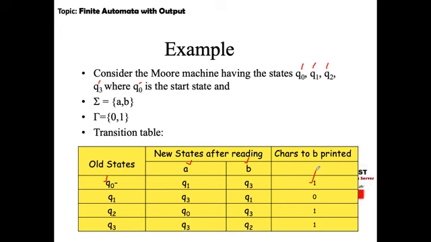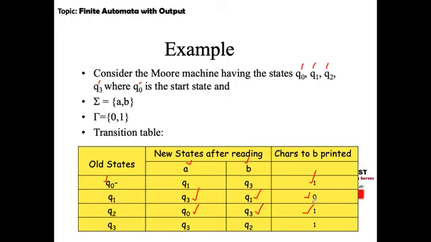We print 1. From Q1 reading A, we end up at Q3 and we print 0. From Q1 reading B, we end up at Q1 and we print 0. From Q2 reading A, we go to Q0 and we print 1. From Q2 reading B, we go to Q3 and we print 1.